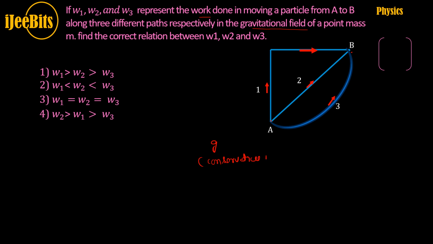Work done by a conservative force should always remain the same, because conservative forces are independent of path. That is a clue. Hence our answer would be that the work done irrespective of path remains the same in the gravitational field. So your answer is 3. Clear?